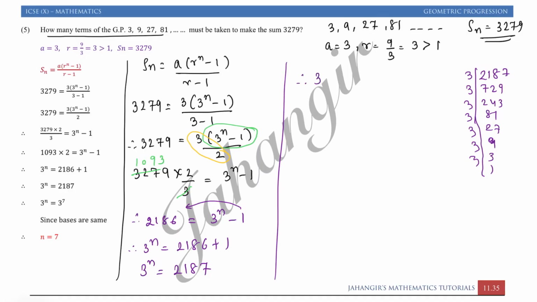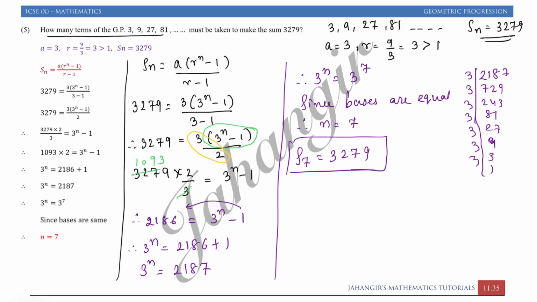So therefore 3 raised to n is equal to 3 raised to 7. Since the bases are equal, we can say n is equal to 7. So therefore I can say S7 is 3279. The seventh term of the GP is 3279.